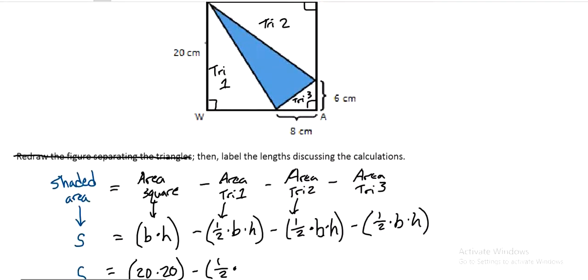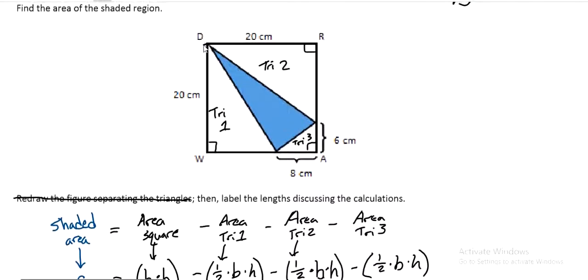The height of triangle 1 is known. From here to here is the height of triangle 1, and that's 20 centimeters. The base we have to do a little bit of thinking for. From here to here, that's the base of our square, and the base is the same on the bottom as it is on the top. So this is 20 centimeters.